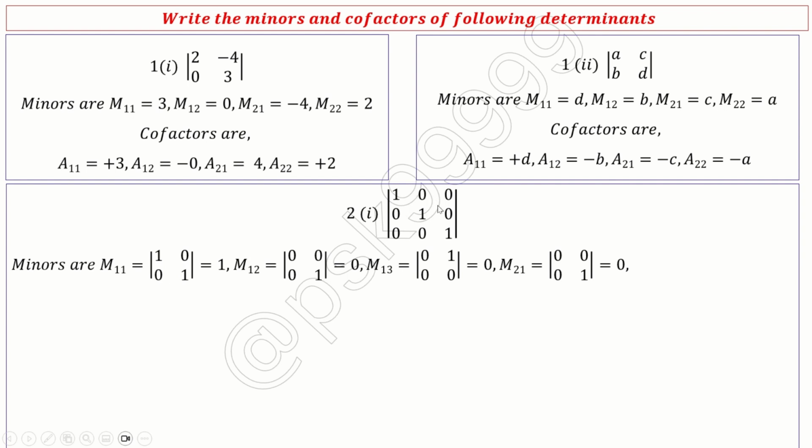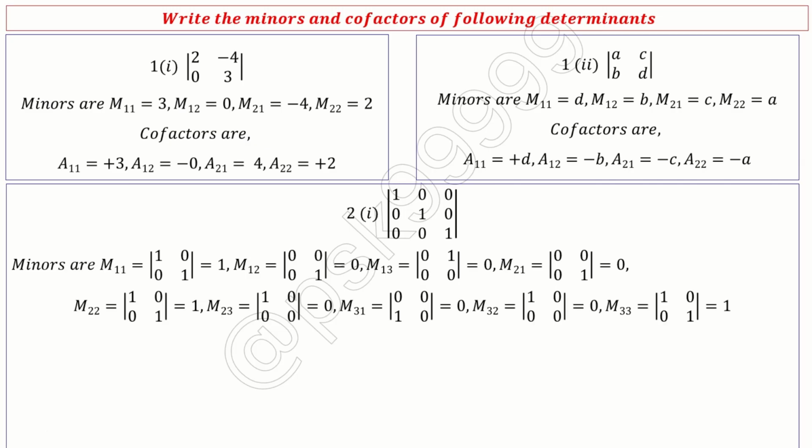M1,2, if I take, I have to leave this row and this column, so I'm left with 0 0, 0 1, which is nothing but 0. The determinant of this one is 0. Similarly, M13 is 0, M21 is 0. Now I have a total of 9 elements, right? M22 is 1, M23 is 0, M31 is 0, M32 is 0, M33 is 1.